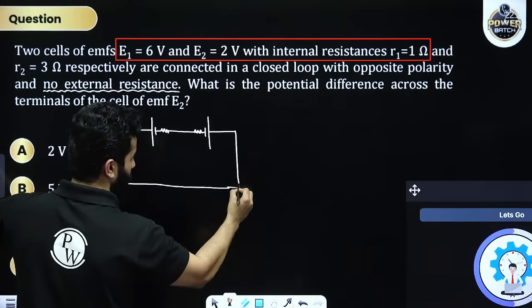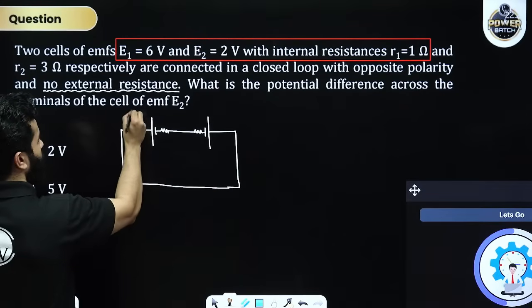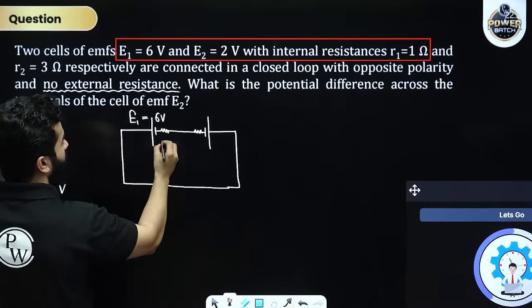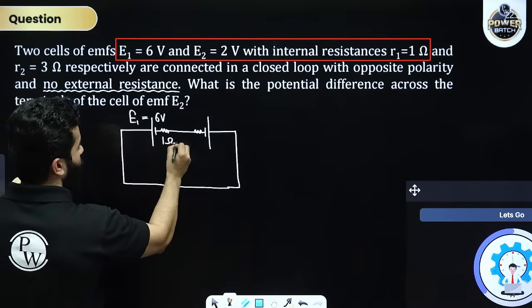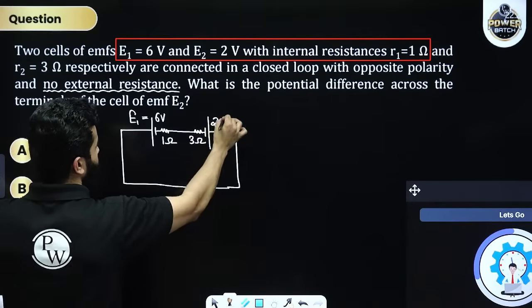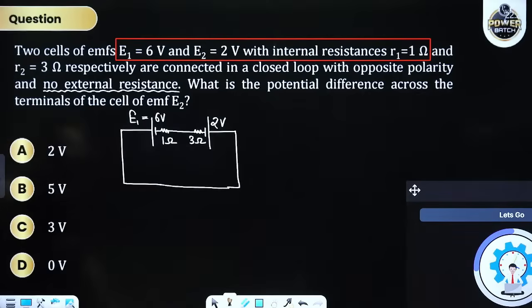So E1 is 6 volt, and its internal resistance is 1 ohm, and the internal resistance of this one is 3 ohm, and this is 2 volt. What is the potential difference across the terminals of the cell E2?